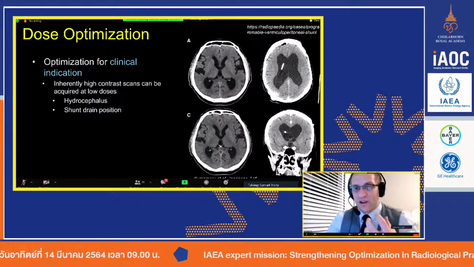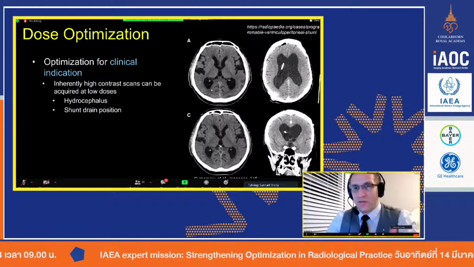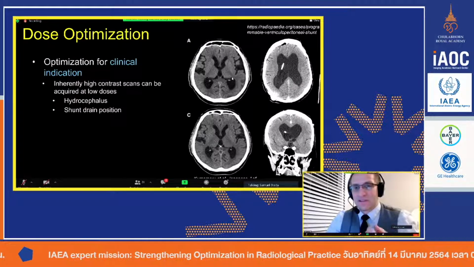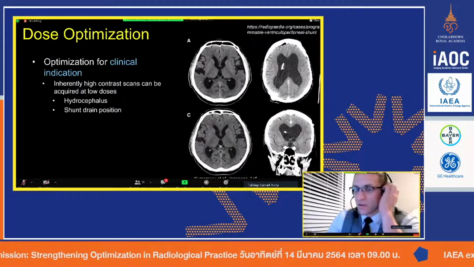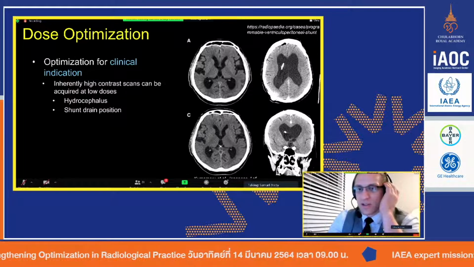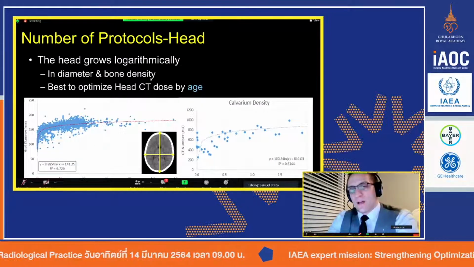So if there's a lot of noise in the image, you can still see maybe the overall extent of the hydrocephalus, and you can definitely see where the shunt is located and whether it is in the right location. And so you might not necessarily need a lot of radiation.